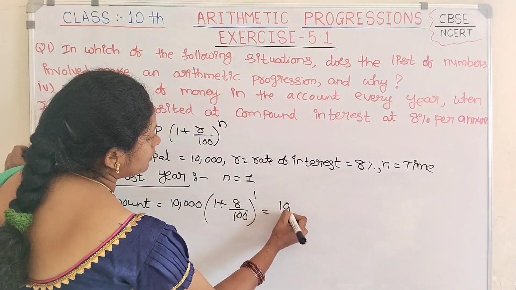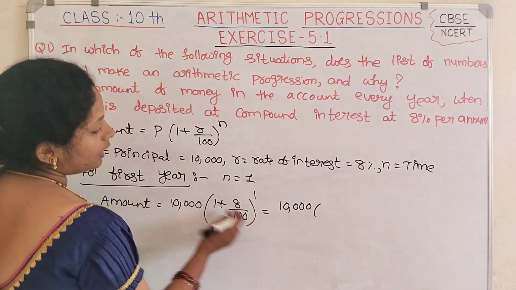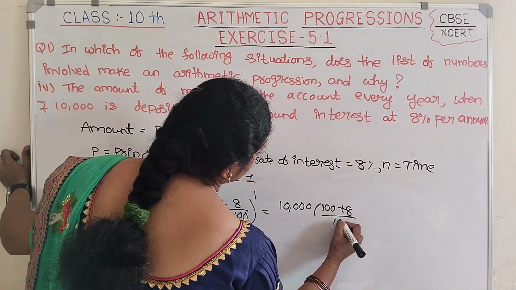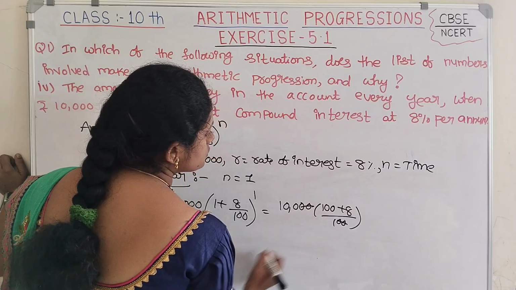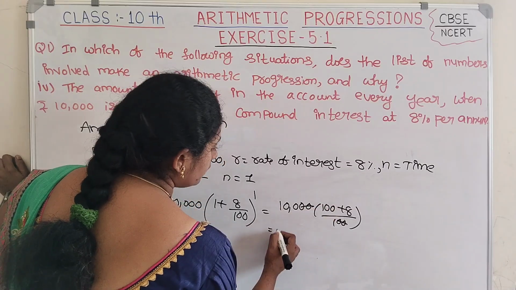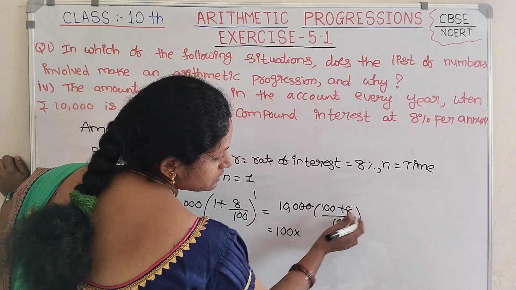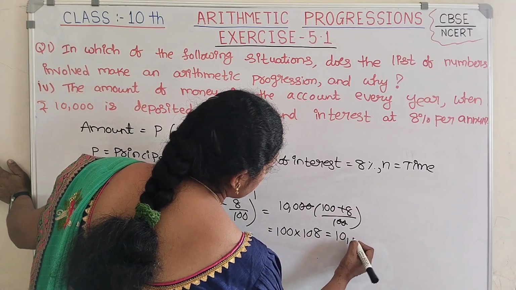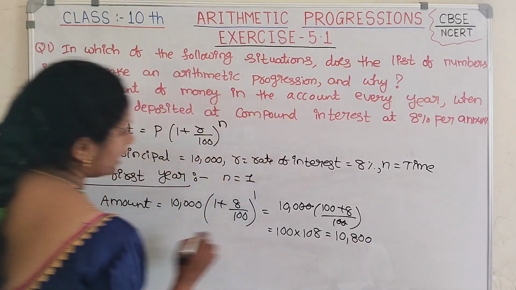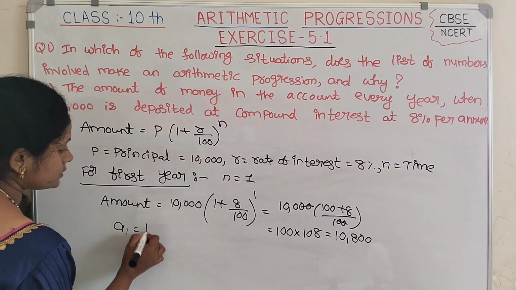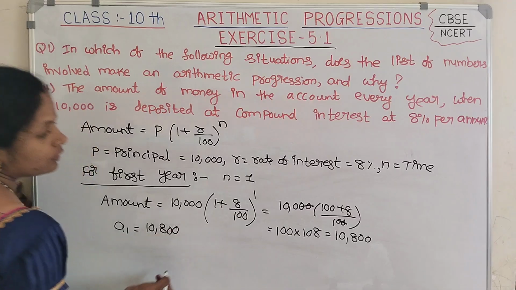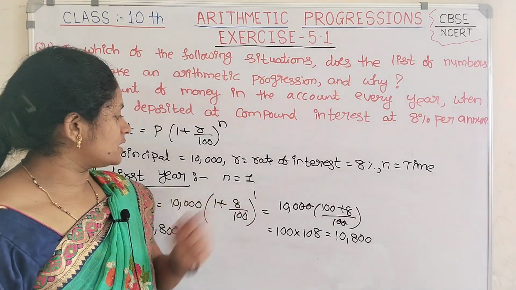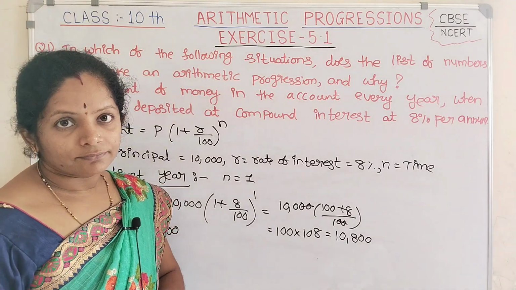In this way, 10,000 into 100 plus 8 divided by 100. These two zeros and these two zeros will get cancelled. Here 100 plus 8 is 108. Multiplication of this gives 10,800. Means A1 is equal to 10,800.